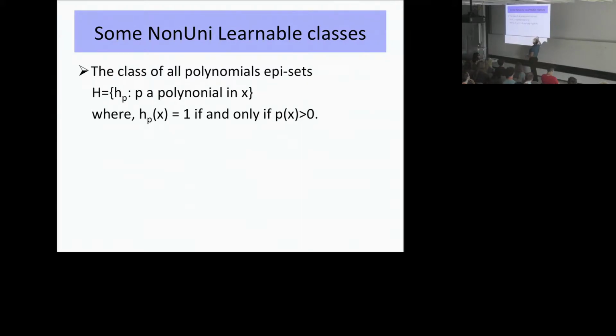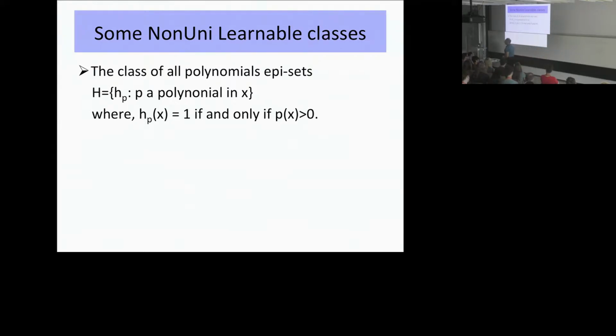So polynomials give me more flexibility than linear functions. And the higher the degree of the polynomial, the more flexibility I have to determine where it's going to be positive and where it's going to be negative. But if I look at the class of all polynomials, the VC dimension of this class is infinite. However, I can decompose it into a countable union of classes that each have a finite VC dimension.